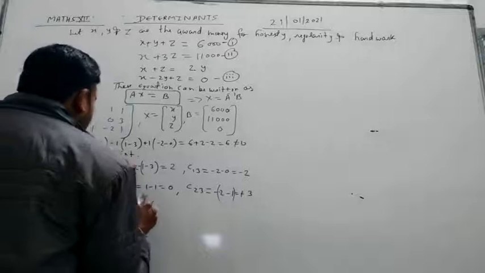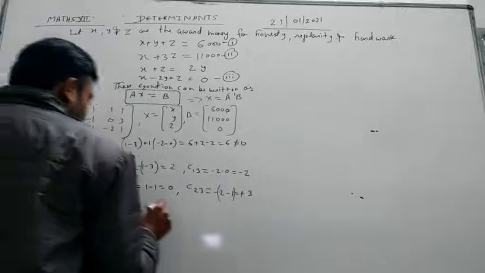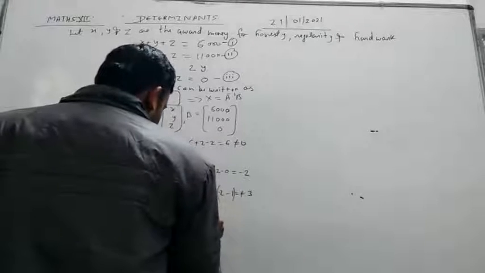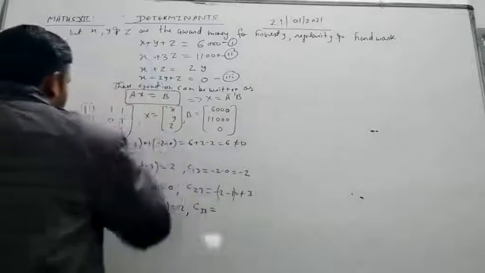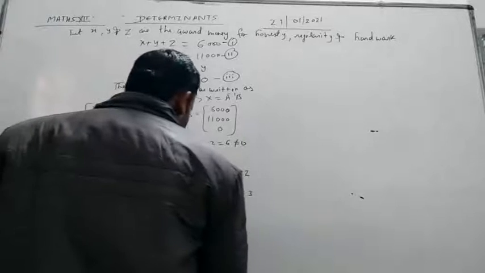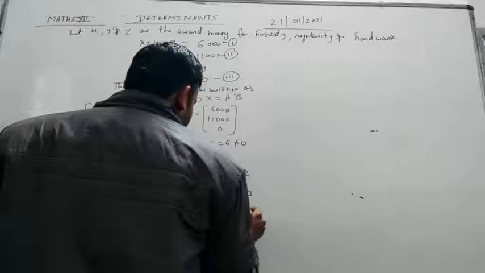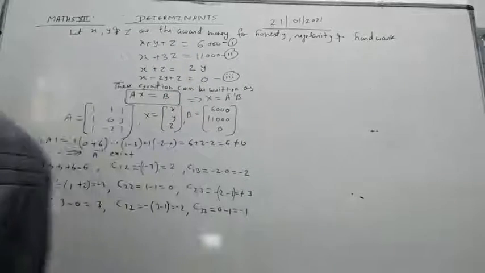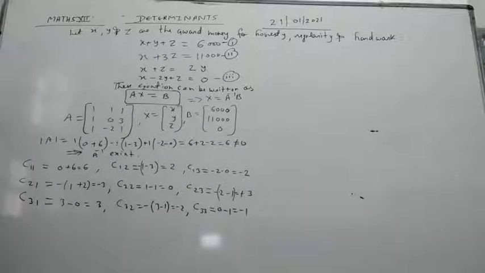C32 is with negative sign, this cancel, 3 minus 1, this is minus 2, and C33 is this cancel, 0 minus 1, which is minus 1. Okay student, so this is 3, minus 2 and minus 1.